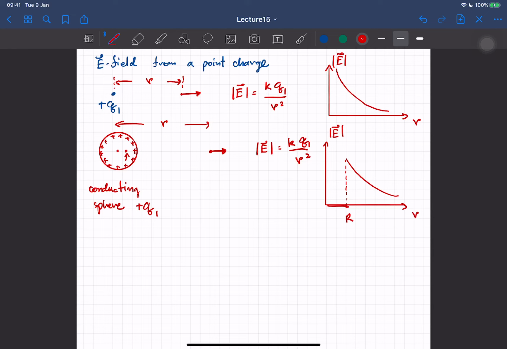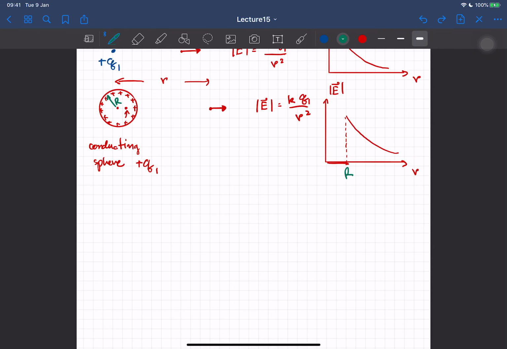This is big R, and big R is the radius of the sphere. So outside you don't see any difference, but inside the sphere, the electric field must be 0. So that's the difference. Be careful about this.